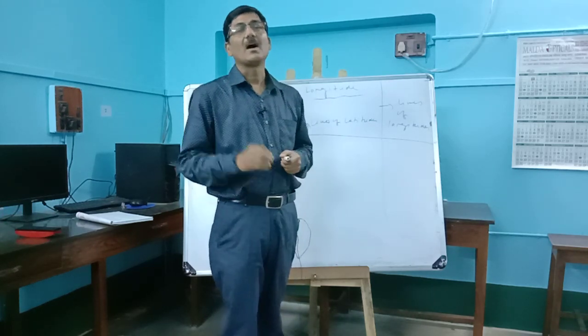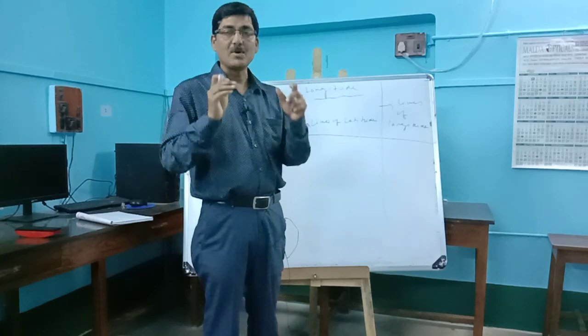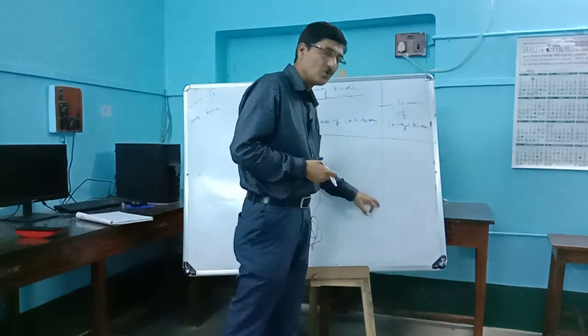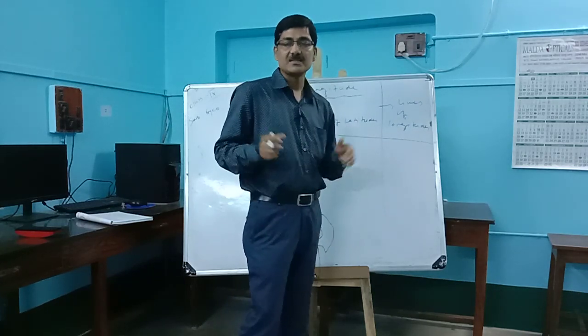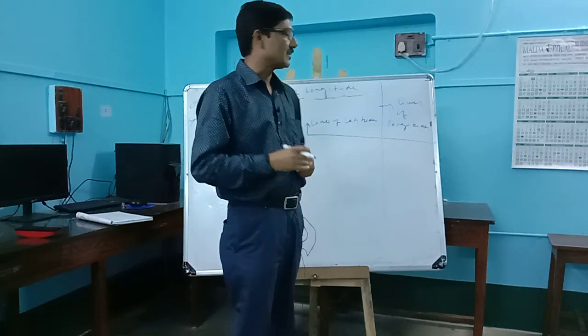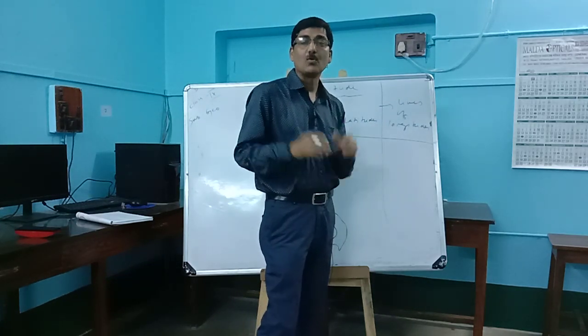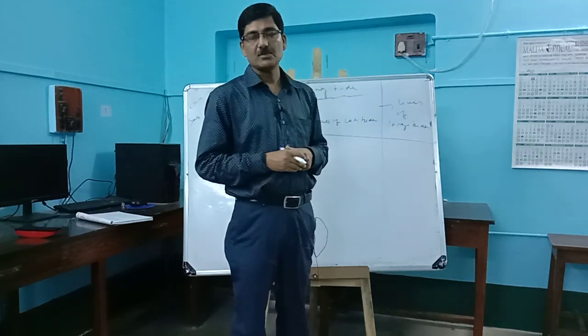Today I am going to discuss the lines which run from north to south. The lines running from north to south are called the lines of longitudes. So what are the lines of longitudes?